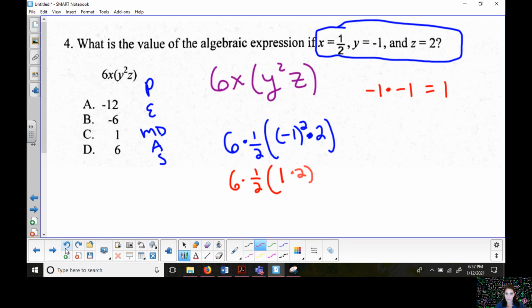Oh goodness, that looks a little rough. Here we go. Times 2, bigger parentheses. Okay, now we're looking good. Next I'm going to do 6 times 1/2. 1 times 2 is just 2.